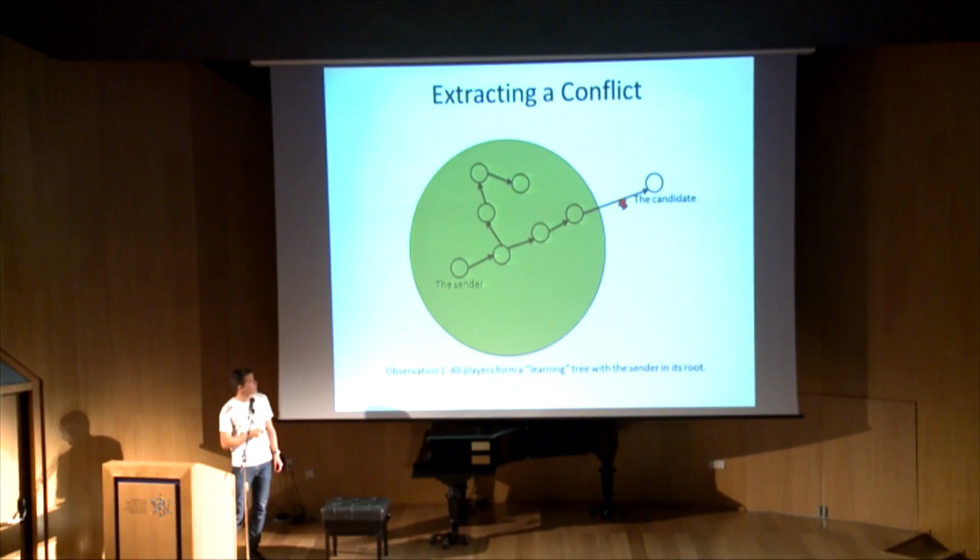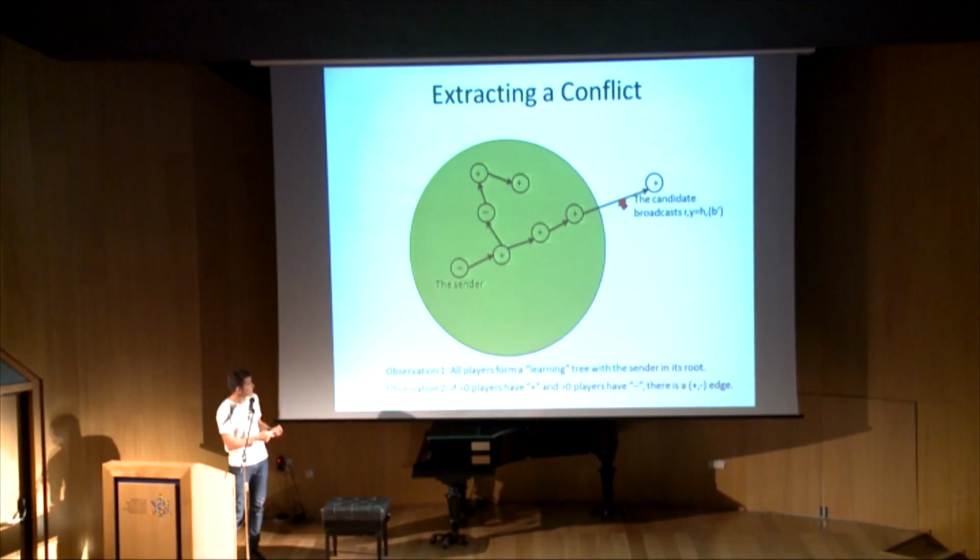This is one observation. The second thing is that the candidate will broadcast his random key and the hash. Now let's mark with a plus the guys who agree with his hash. Now we can observe that some of the guys here have pluses and some minuses. Plus if I have the same hash as this guy, or minus if different. And because we want to extract a conflict, we know that not all the hashes are the same.